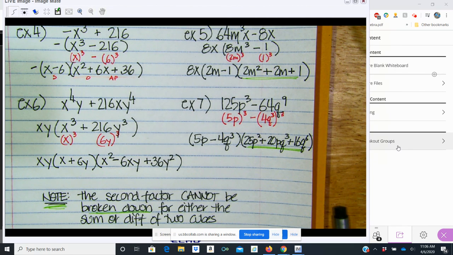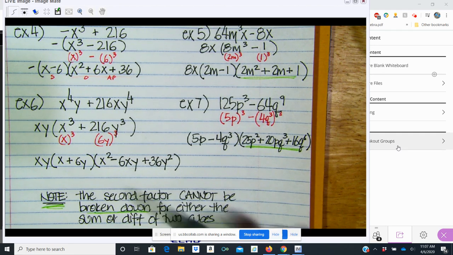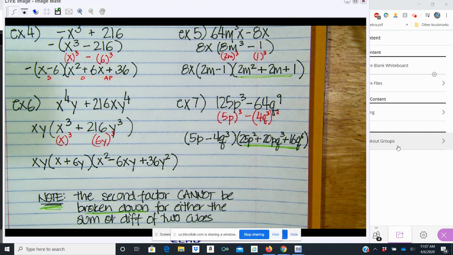So when you're doing the sum or difference of two cubes, that second factor can't be split apart any further than it already is. So once you've reached that part, you're as far as you can go.